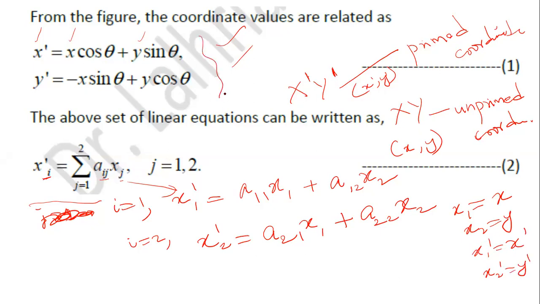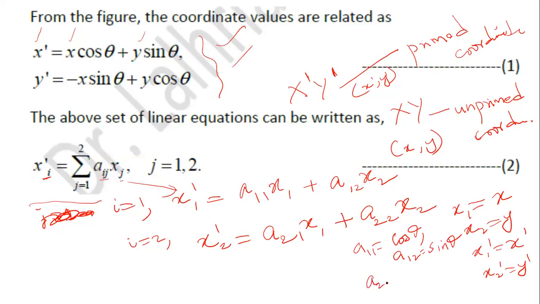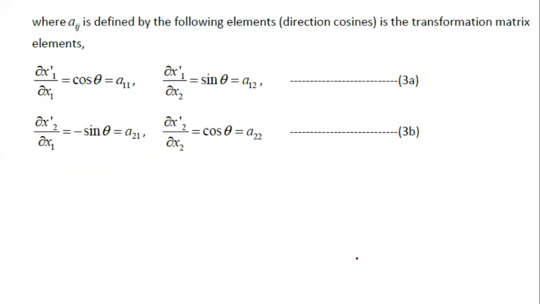If you compare with this, your a11 is cos theta, a12 is sine theta, a21 is minus sine theta, a22 is cos theta. So like that we can write this as this.